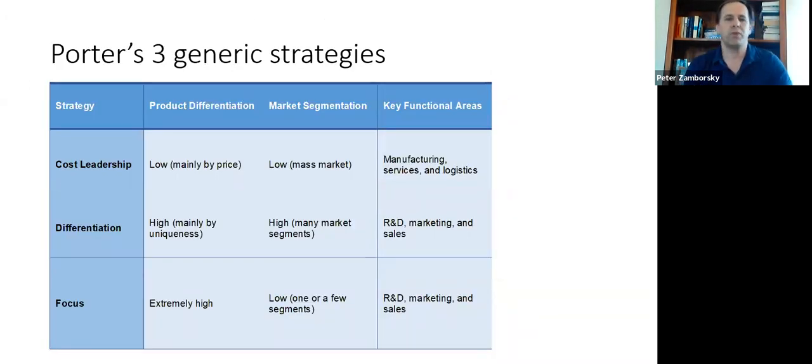Now, Porter developed 3 basic concepts in strategy, 3 what he calls generic strategies. So traditionally, a lot of companies obviously want to be quite efficient, and in particular, traditionally in Asia, cost leadership was one of the ways to outcompete your rivals.